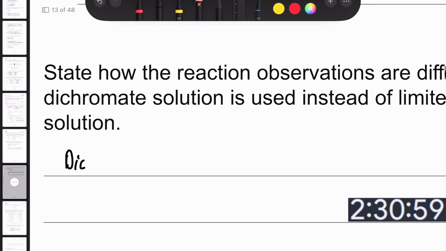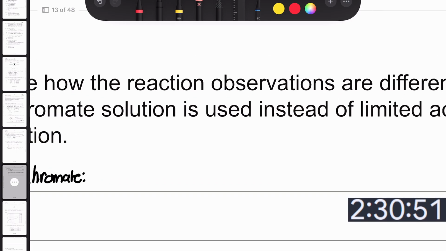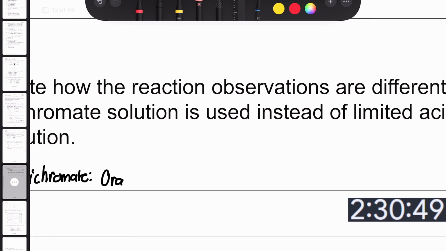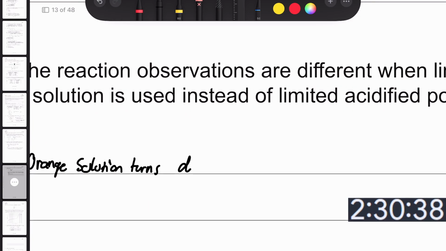Dichromate will have an orange solution turning green. Because of the chromium ions, it turns deep green.